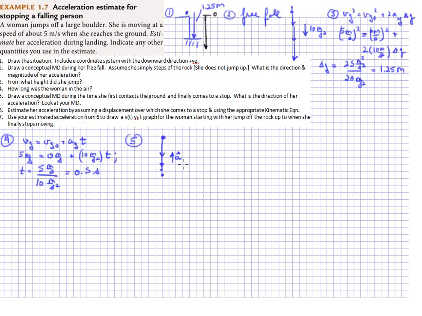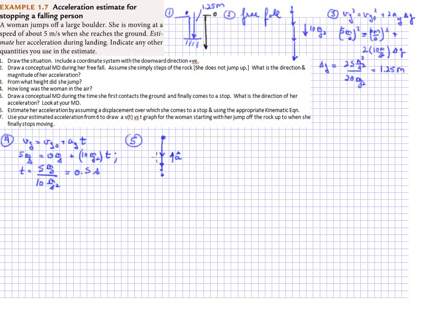Make sure you understand that. And again, the way to realize what the direction for the acceleration is to ask yourself, what vector do you need to add to this vector to get that vector? And the answer is that you need to add a vector that's in the upward direction to this downward vector to get a shorter downward vector.